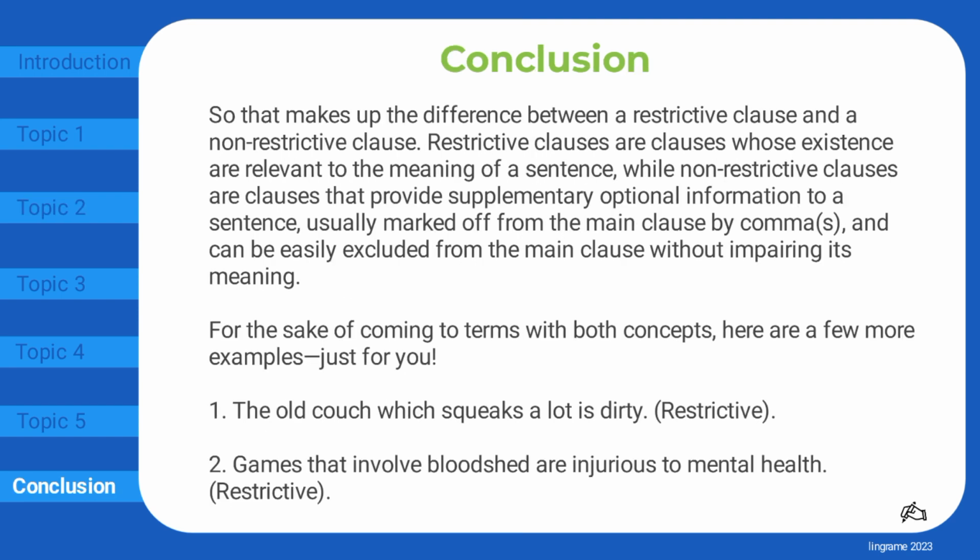So that makes up the difference between a restrictive clause and a non-restrictive clause. Restrictive clauses are clauses whose existence is relevant to the meaning of a sentence, while non-restrictive clauses are clauses that provide supplementary optional information to a sentence, usually marked off from the main clause by commas, and can be easily excluded from the main clause, without impairing its meaning.